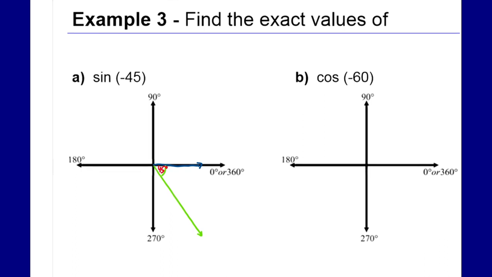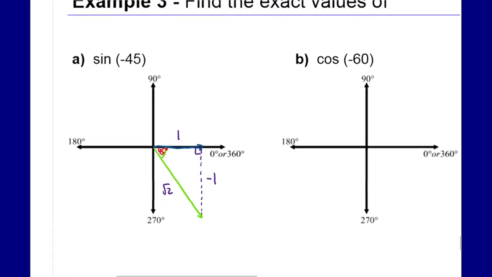If I make a right angle triangle, because again I want to find the exact values, a right angle triangle with an angle of 45 also means that we have 1 and 1, or 1 and negative 1, because it's going down, and root 2 for our hypotenuse.